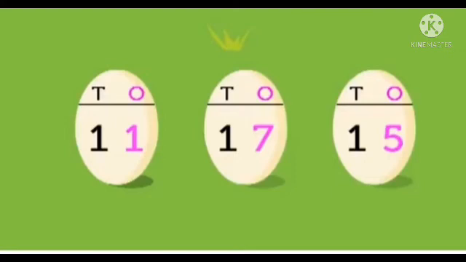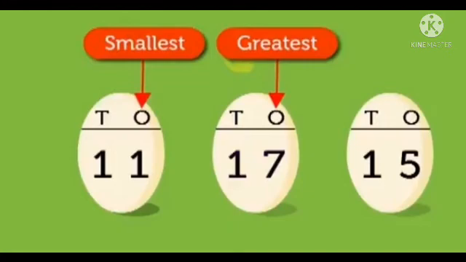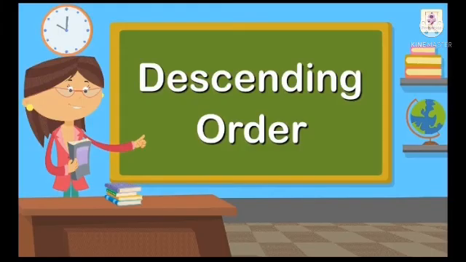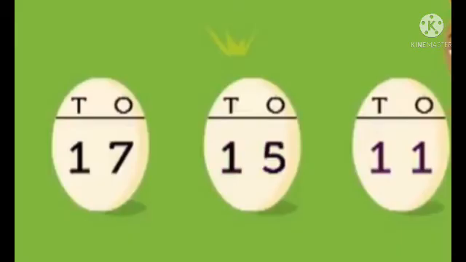That is right, 17 is the greatest number in this series. In descending order we should start with the greatest number. So what will be the descending order? The descending order will be first 17, then 15, then 11.